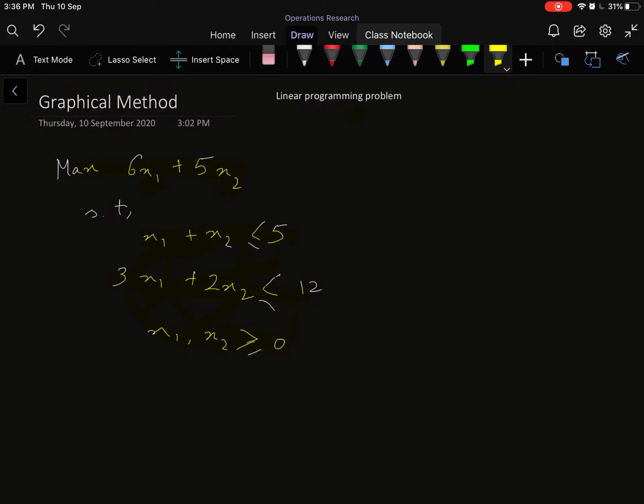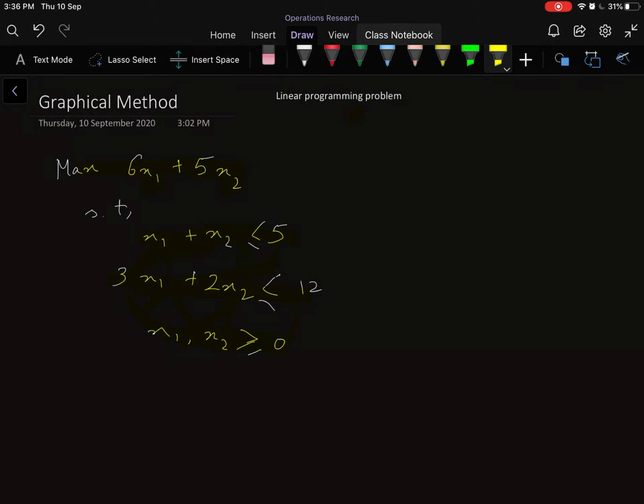Why is it known as a programming problem? Because they would be solved using some algorithms, because the operational research subject is all about algorithms, and they would be solved using those algorithms which are very efficient in solving such a set of expressions which are linear in nature. That's why this type of problem is known as linear programming problem.